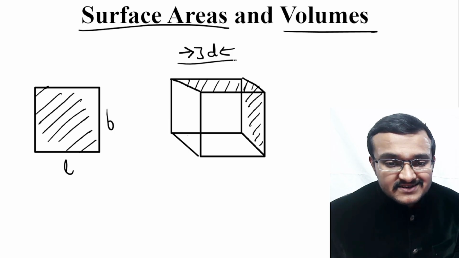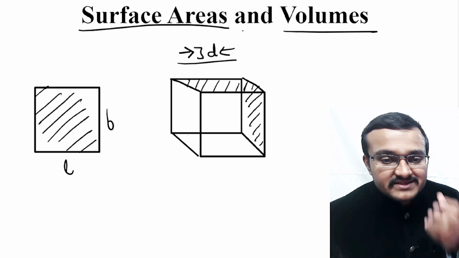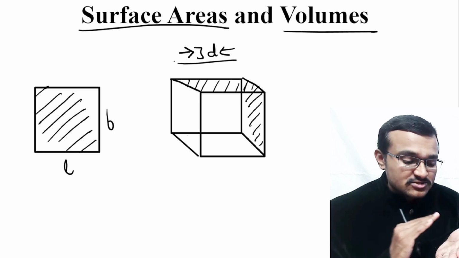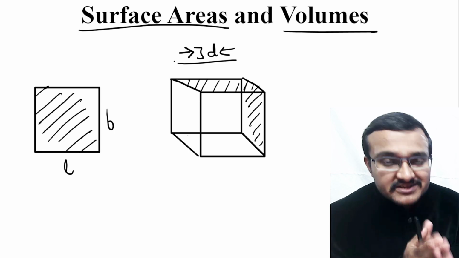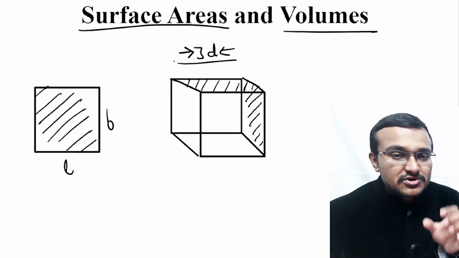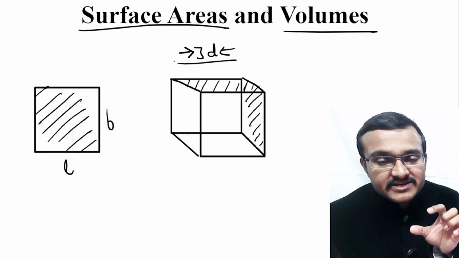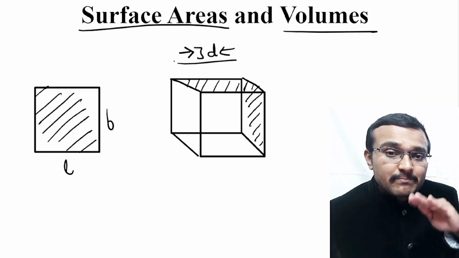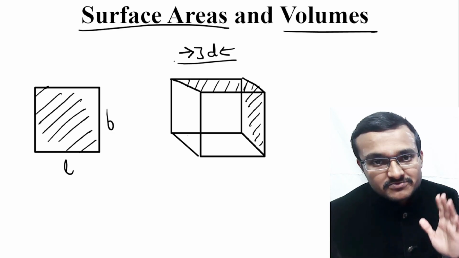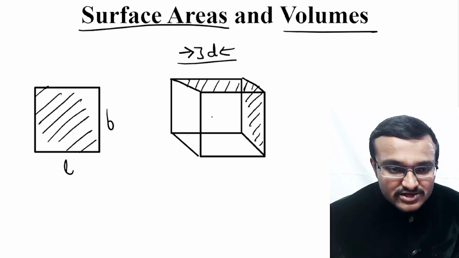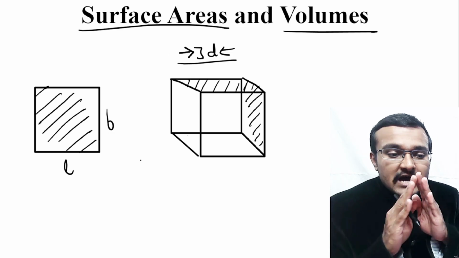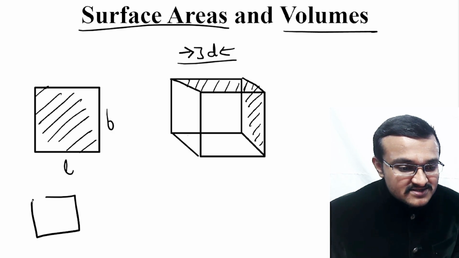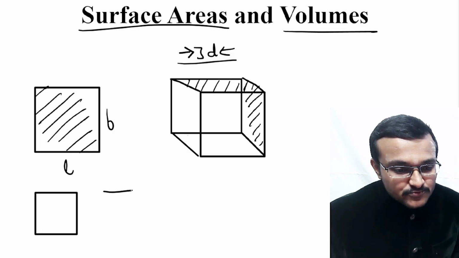Now if we are considering a 3D object, then surface area is only restricted to the surface of that particular object. Because it is only restricted to the surface, you can only consider the two-dimensional parts of that object. For example, if you want to find out the surface area of this cube, you have to open this cube so that you get 6 surfaces of this cube.